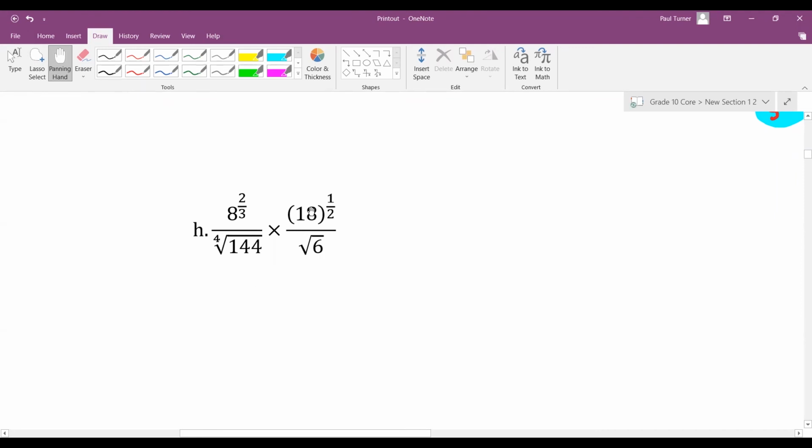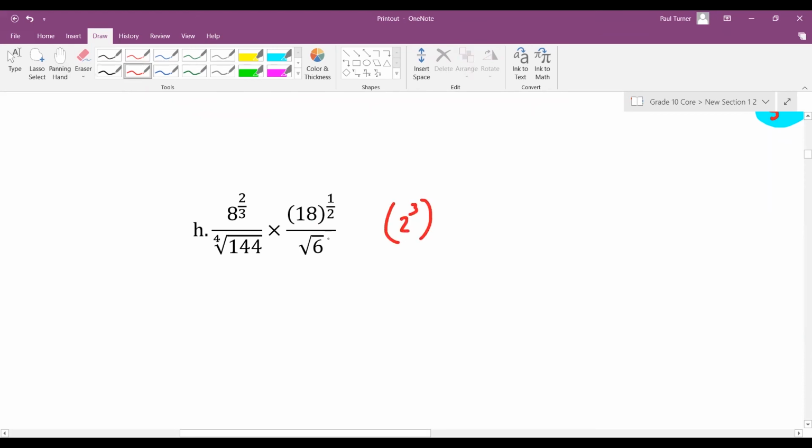The 18 can be changed to 2 times 9. 8, make that base 2. So if I'm starting this, I'm thinking I want to change these bases. So the 8, I would change that to 2 cubed. So that's your first step.